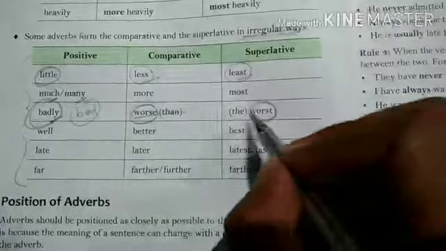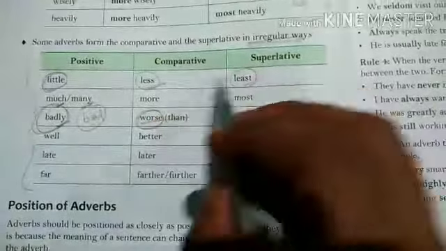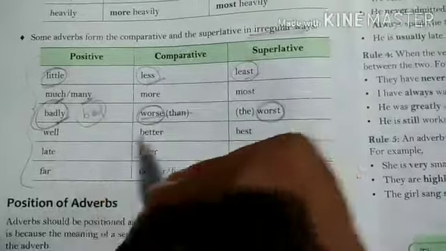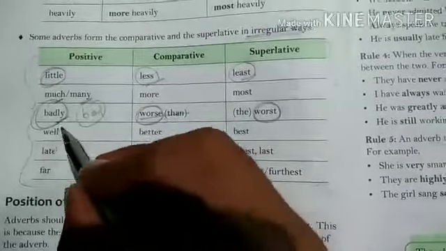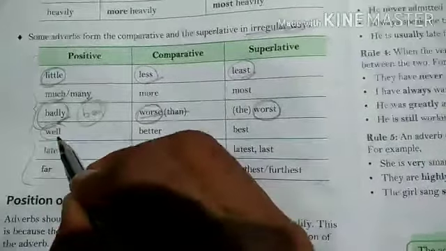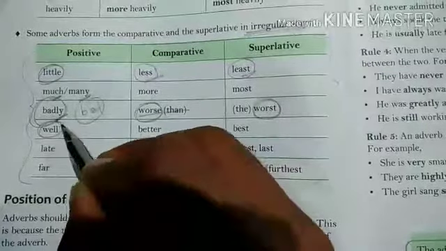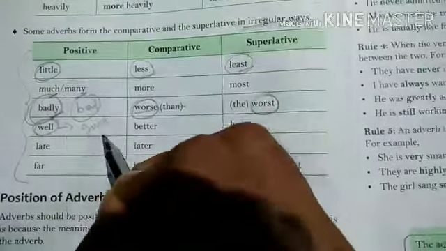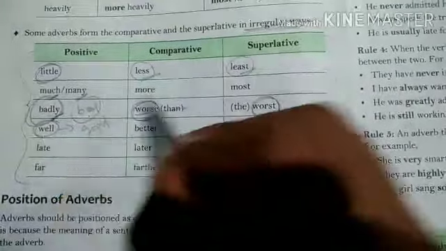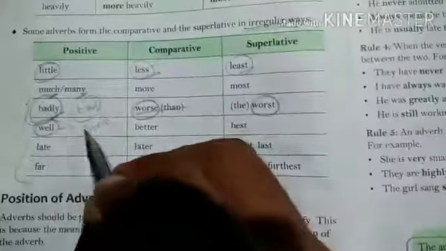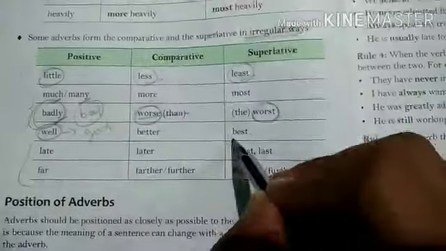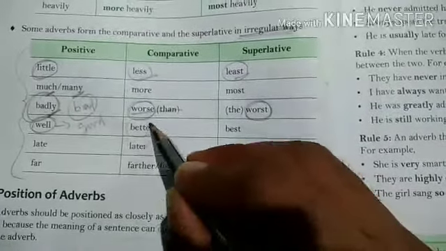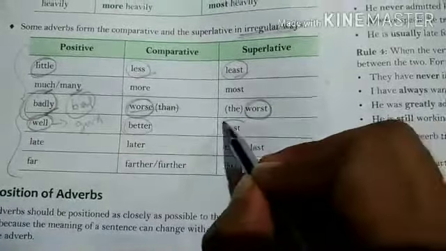Worse and worst are the comparative and superlative degree of both adjective and adverb, bad and badly. Now the next adverb is well. The adjective form of well is good. And the comparative and superlative degree of well and good are better and best. Better can be used both as adjective and adverb, and best can be used both as adjective and adverb.